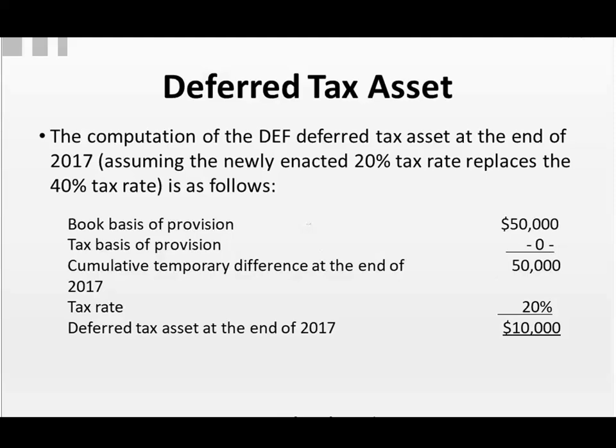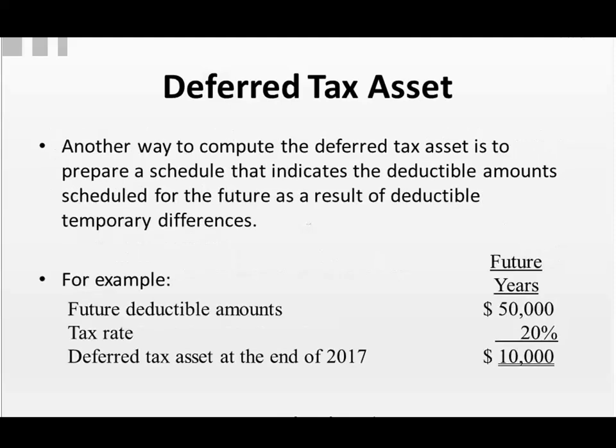Another way to look at this is to prepare a little schedule that indicates the deductible amounts, and we only have one here, scheduled for the future, and then grind it out by the tax rate. So we know in the future we're going to have $50,000 of deductions that will be allowed, times 20%, has a value of $10,000 due from Uncle Sam, deferred tax asset, $10,000, okay?